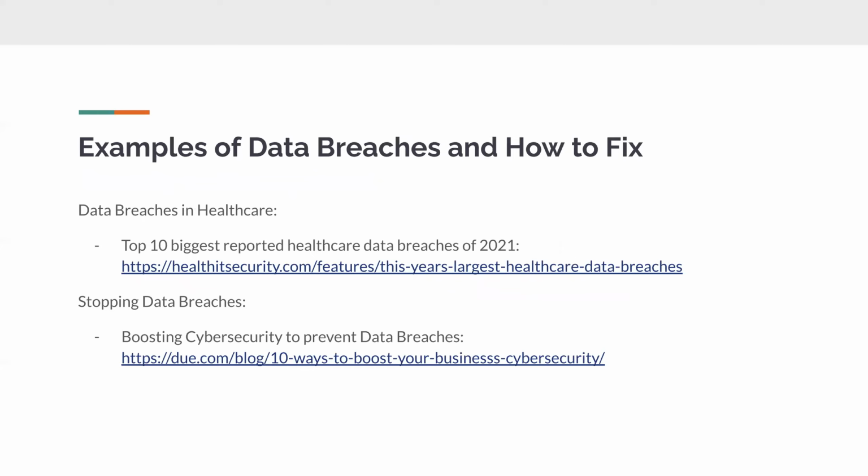At this point, we will point out some examples of security breaches and some steps on how to fix these breaches. Here we found an article from this year about the top 10 biggest reported healthcare data breaches. These are examples of how important it is to incorporate security into our daily work.